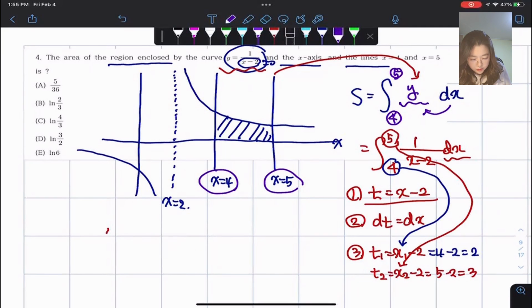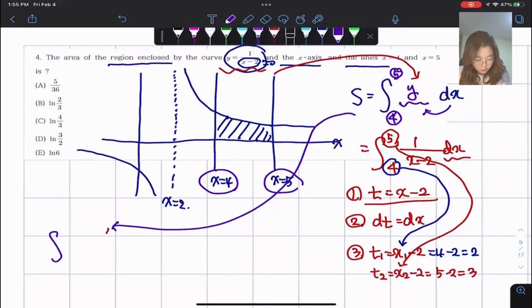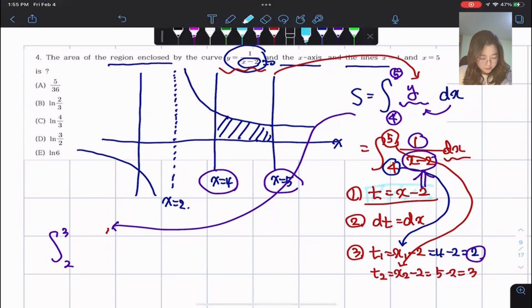So I can rewrite the integral. This is 2 to 3, this is t, and this is dt.